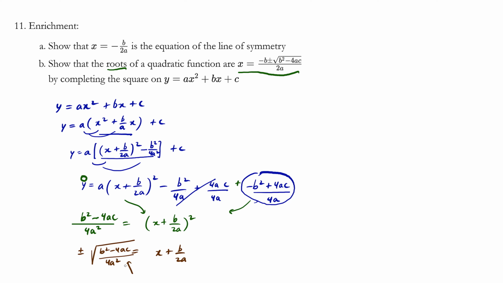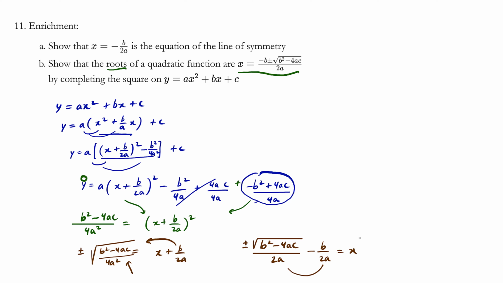And so let's focus on this part here. This part happens to be plus or minus the square root of the top over the square root of the bottom. So the square root of the top is going to be the square root of b squared minus 4ac, and the square root of the bottom is simply going to be 2a. But notice how x is equal to this business here, take away b over 2a. So we're going to subtract b over 2a here, which equals x.